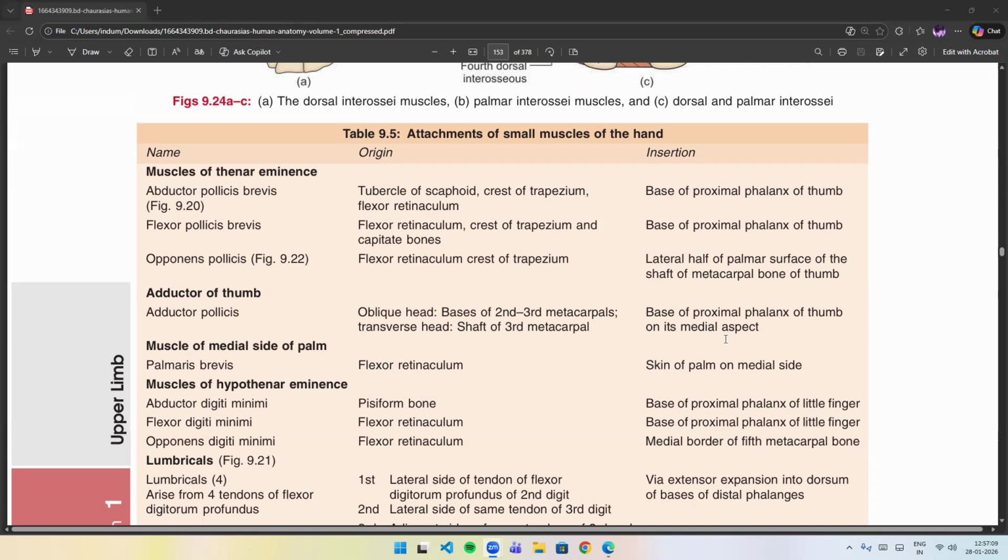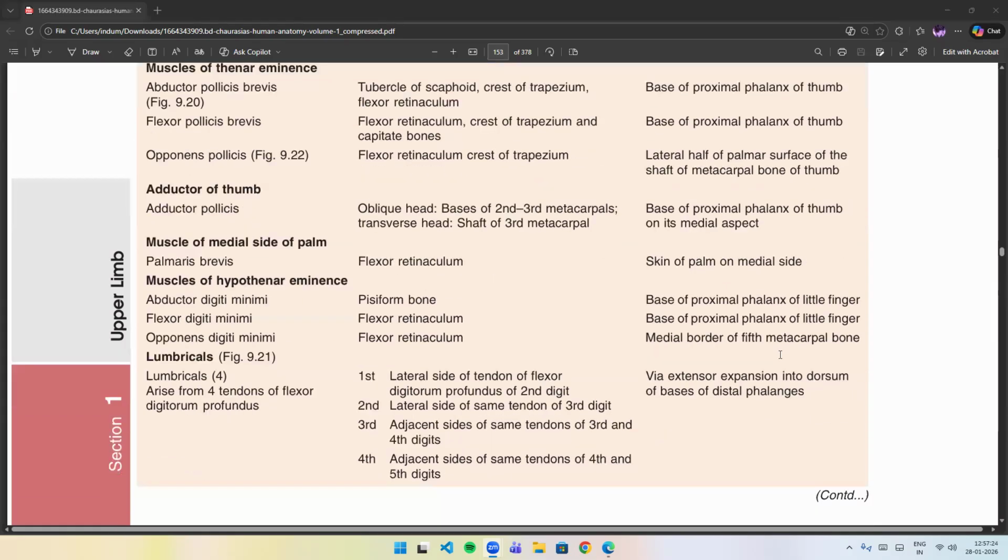Opponens pollicis, figure 9.22. Origin: flexor retinaculum, crest of trapezium. Insertion: lateral half of palmar surface of the shaft of metacarpal bone of thumb. Adductor of thumb, which is adductor pollicis. Origin is oblique head from bases of second to third metacarpals and the transverse head from shaft of third metacarpal.